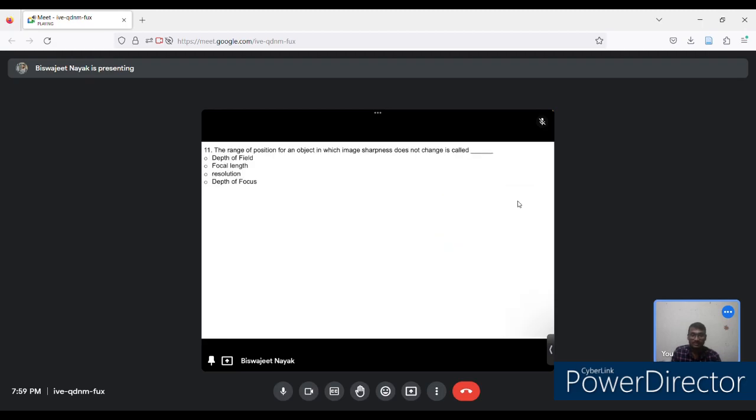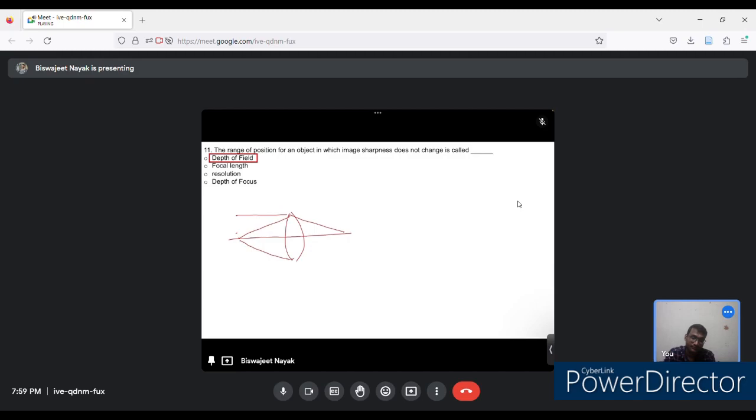The range of position for an object in which image sharpness doesn't change is called depth of field. What does it mean? If we change the position of the object, the image is still not blurry.